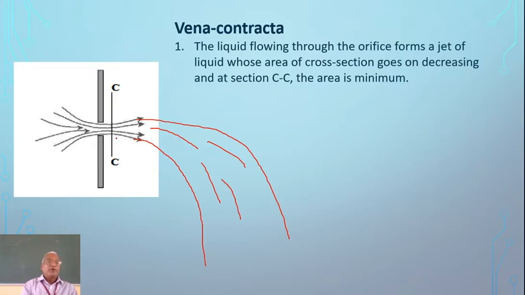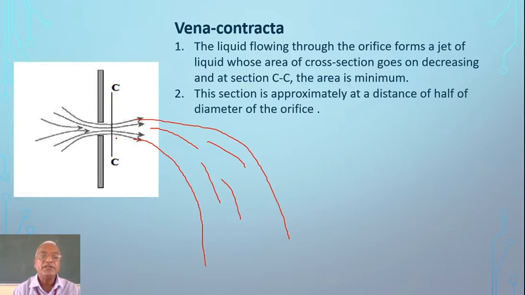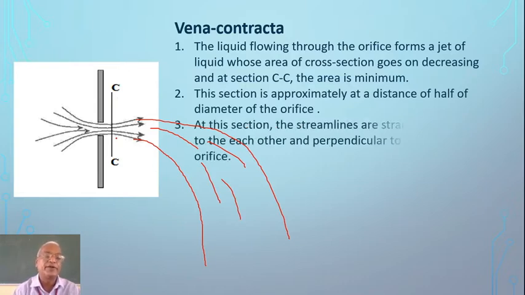So at the vena contracta, a number of properties are written. You can just go through. Number one, the liquid flowing through the orifice forms a jet of liquid whose area of cross section goes on decreasing, and at section CC the area is minimum. This section is approximately at a distance of half the diameter of the orifice. At this section, that is the vena contracta, the streamlines are straight and parallel to each other and perpendicular to the plane of the orifice.